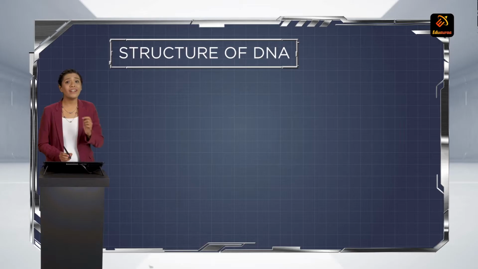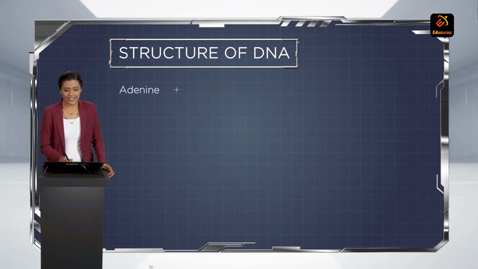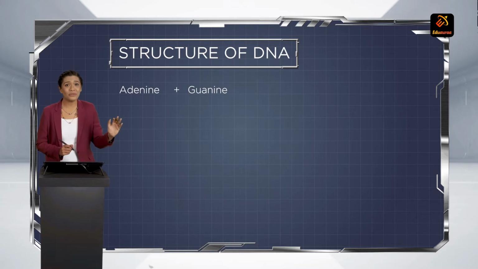What is Chargaff's rule? Chargaff's rule says that the ratio of purines to pyrimidines is always 1. That means whatever purines will be there in an entire DNA molecule, what are the purines? Your adenine plus guanine, that is all the purines.